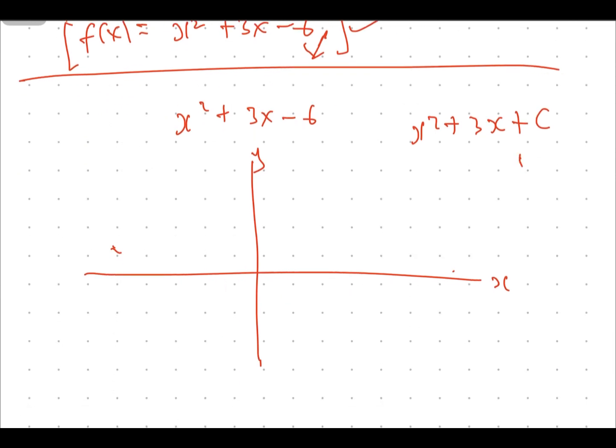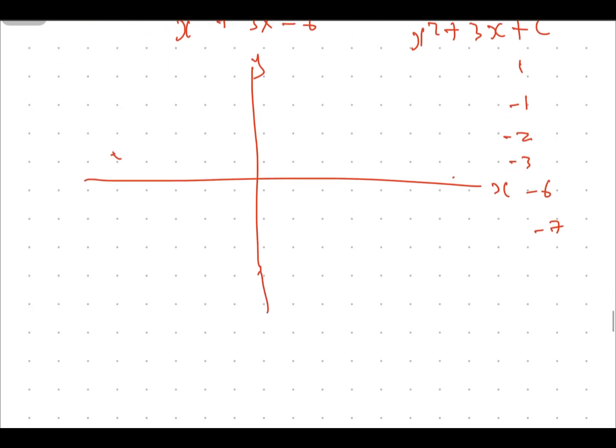c, c can be 1, c can be negative 1, c can be negative 2, c can be negative 3, c can be negative 6, c can be negative 7, it depends. So let's assume that we have something like negative 1, negative 2, negative 4, maybe negative 6, negative 8, and so forth.